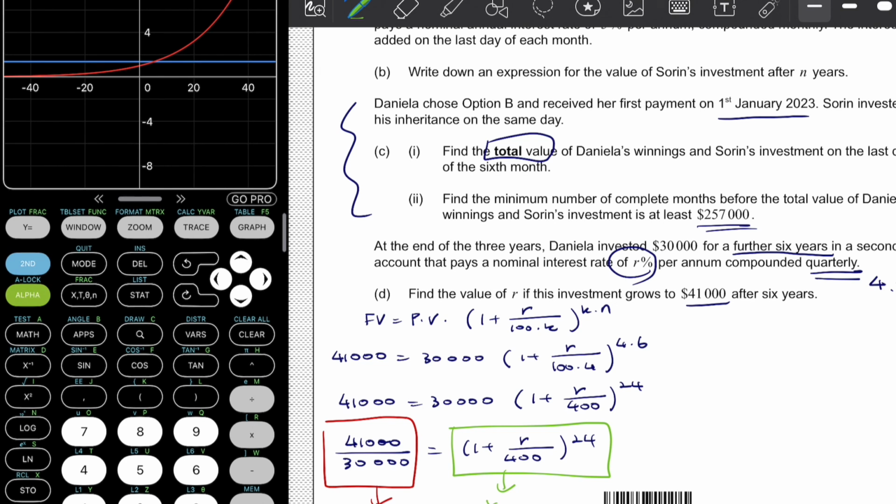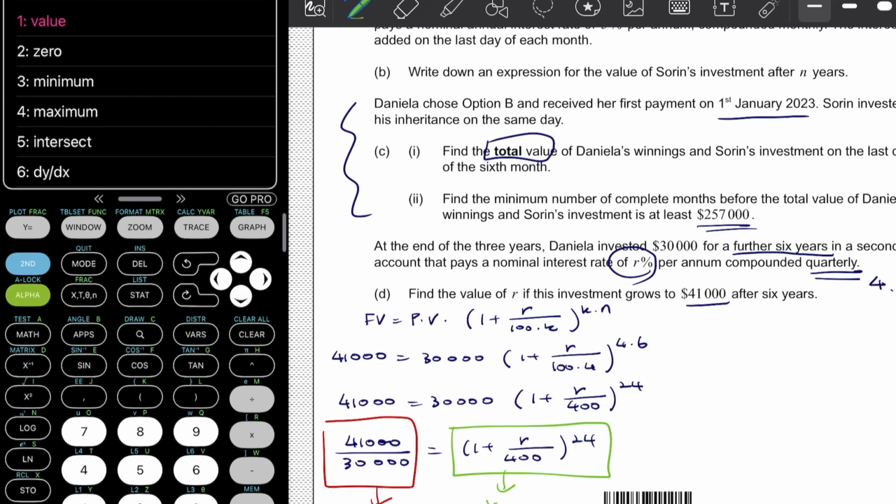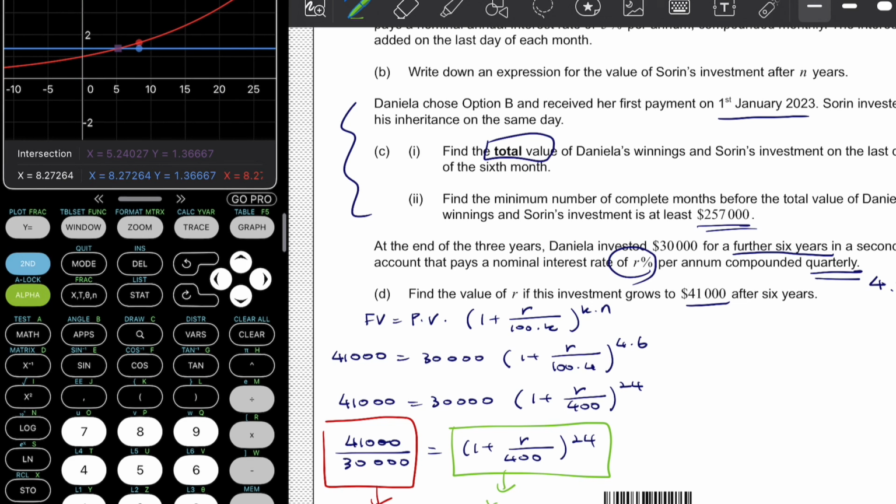Then you can see that there's an intersection here, right? Using second calc on your GDC, we can calculate the intersection of these two graphs. Then we can calculate that the x value is equal to 5.24027, which equals the R value, right? So we can say that the interest rate is approximately 5.24.